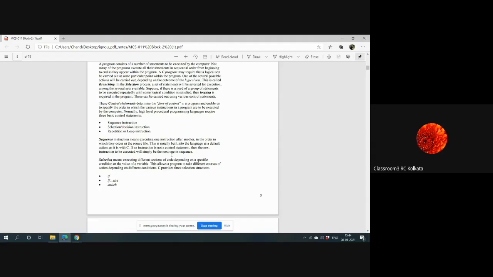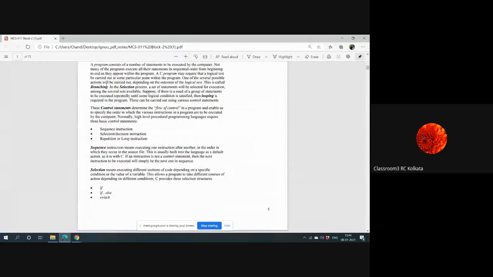This theory part you read, it's very easy. Branching means a C program may require that a logical test be carried out at some particular point within the program. One of several possible actions will be carried out depending on the outcome of the test. This is called branching.